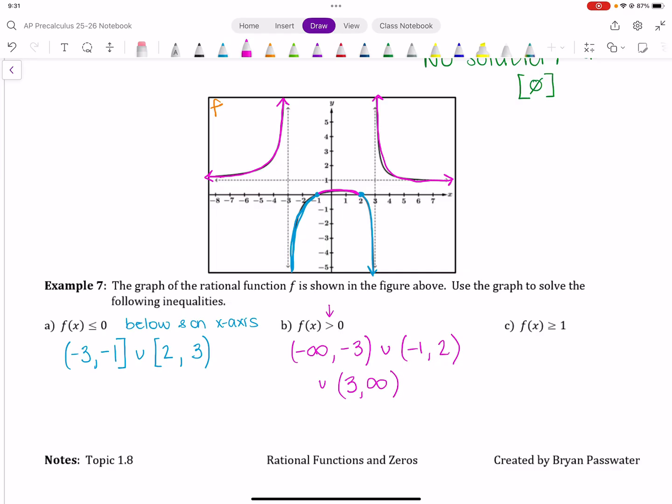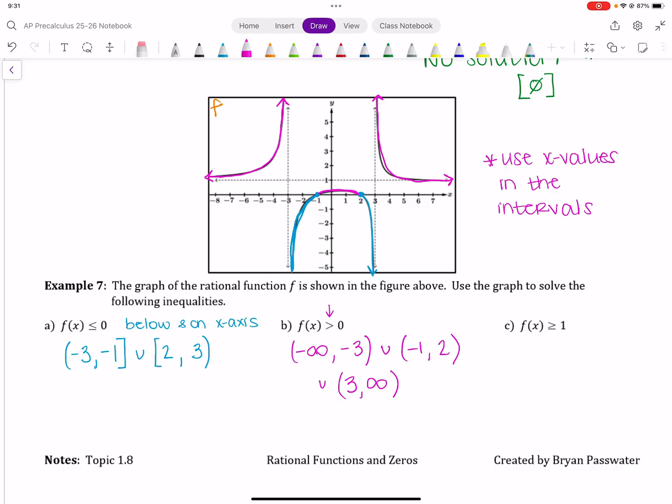So as a reminder, when we are identifying these intervals, we are using x values. And the reason we answer with x values is because it's asking us where is y less than or greater than 0. So we have to respond with x because we're being asked about y.